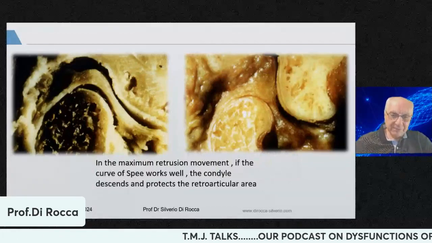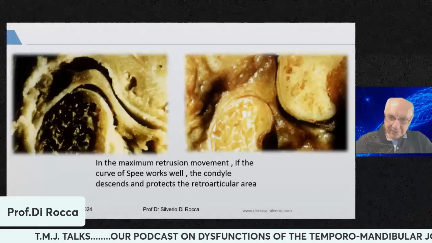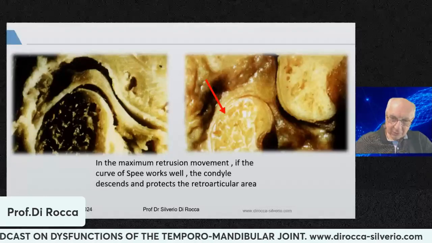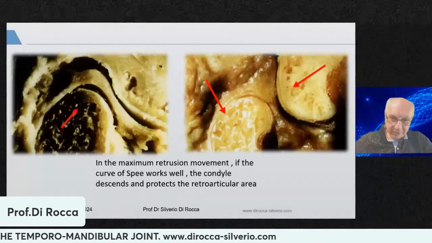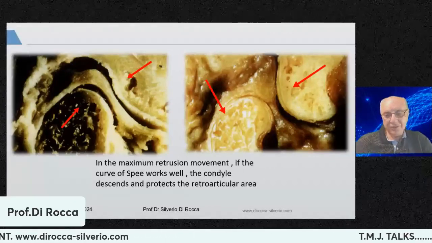You see this? I show this particular picture because it's a very important picture. Look here. That is the condyle. That is zygoma. The same here. This is condyle, and that is zygoma, zygomatic arch.